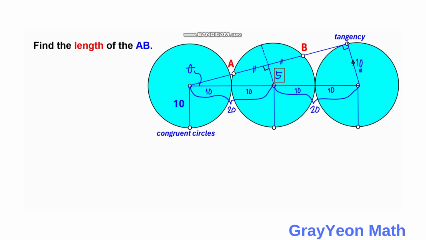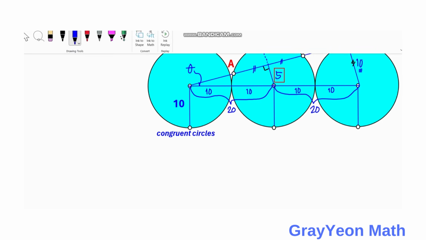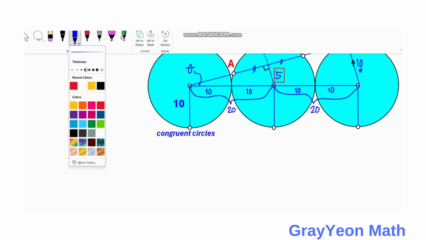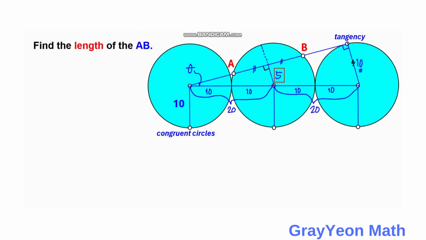From this point onwards, we have two options on how to get this length AB. One is to draw this radius again from the center of this circle to either point A or B. If we choose A, it will become a right triangle, and this hypotenuse is simply 10, and this is half of AB.